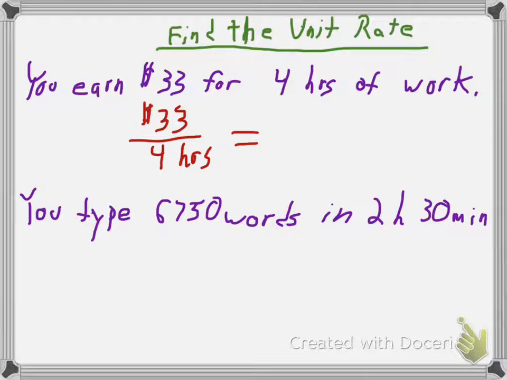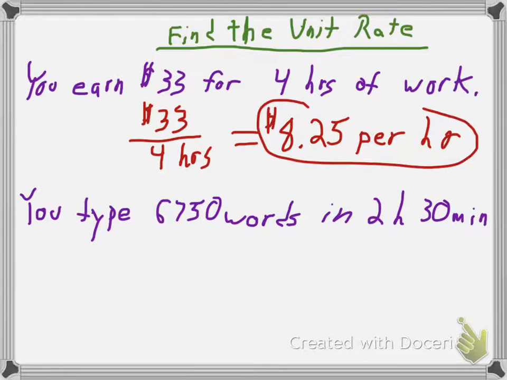When I do 33 divided by 4, I end up with 8.25. And I can put dollars per hour. So $8.25 per hour is my unit rate.